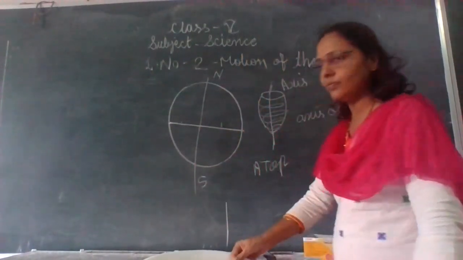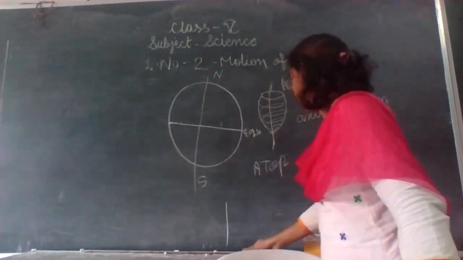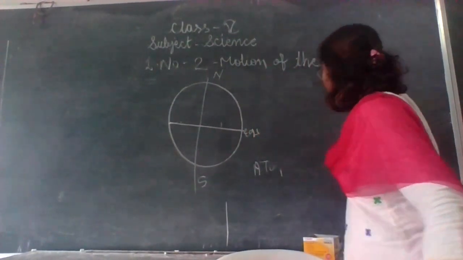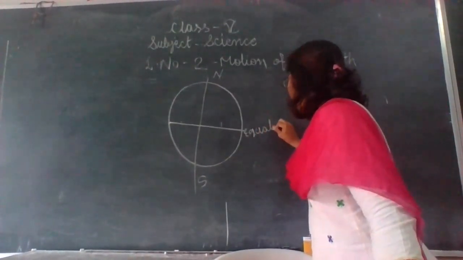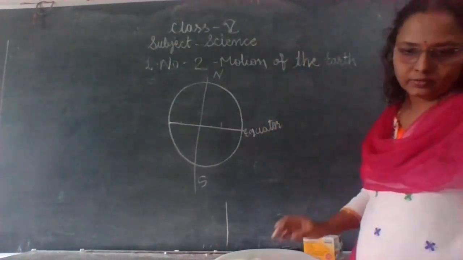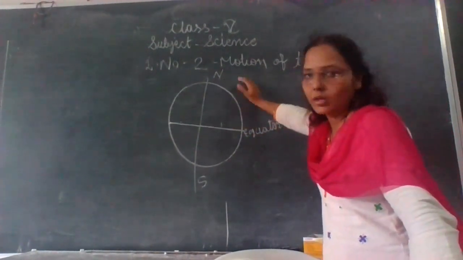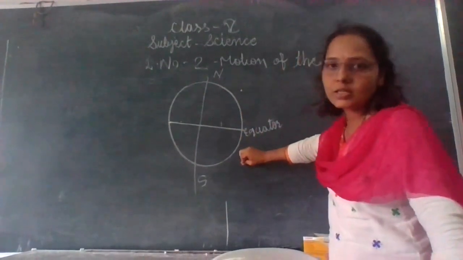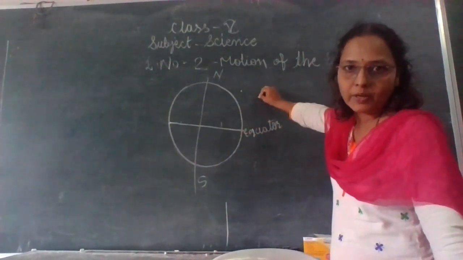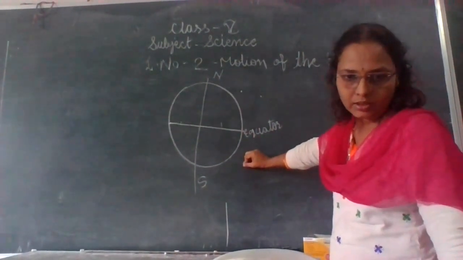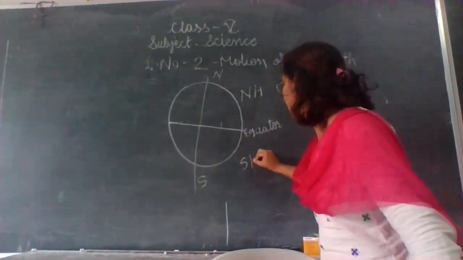This is the equator. The equator divides our earth into the northern hemisphere and the southern hemisphere.